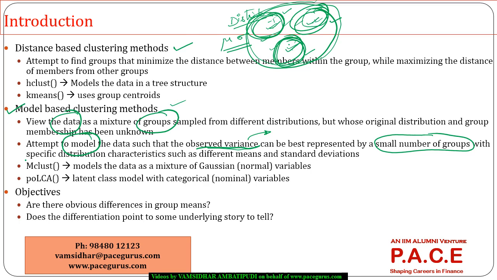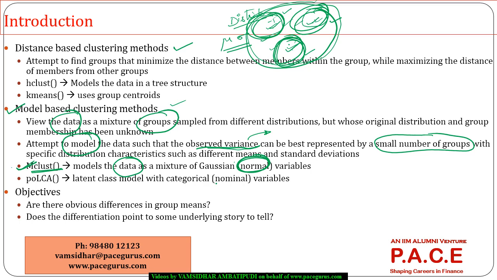Now this is where I will use an algorithm called mclust, which is a model based clustering algorithm, where the whole data is looked at as a combination of different groups of normal distributions. It's a mixture of different normal distributions. That is what the mclust algorithm tries to model and identify the groups.